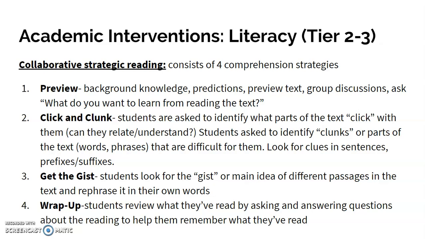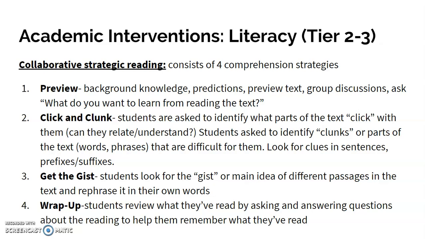So I'm going to now go over some academic interventions, some again strategies that you can use in your back pocket. This first one is a literacy strategy. Again, it's for Tier 2 and 3 students. It's going to consist of 4 comprehension strategies. As a whole, it's called the Collaborative Strategic Reading Strategy. The first thing that you can do here, if students are struggling with reading comprehension, is to preview. So it's going to motivate students about what they're going to read.